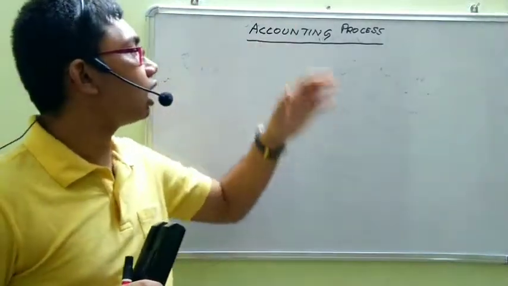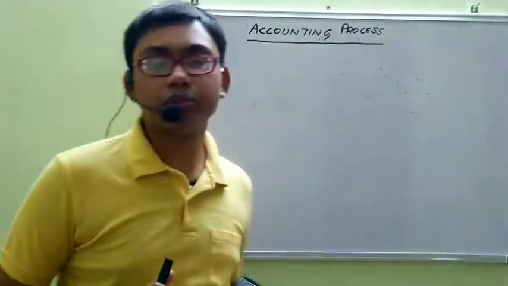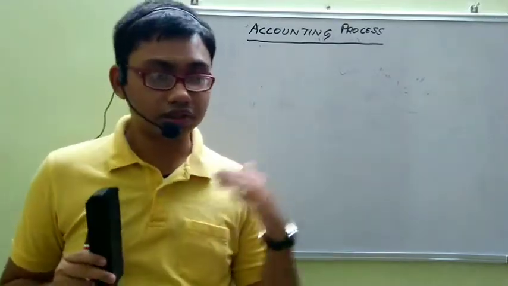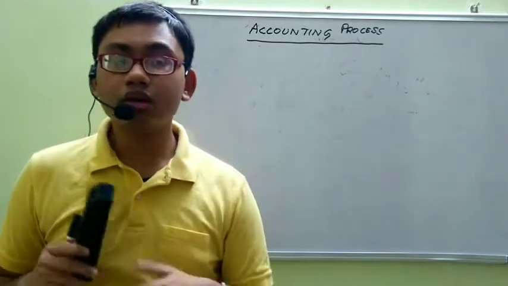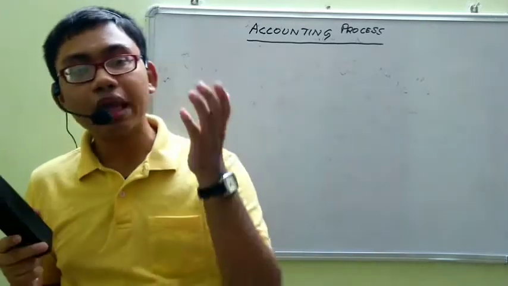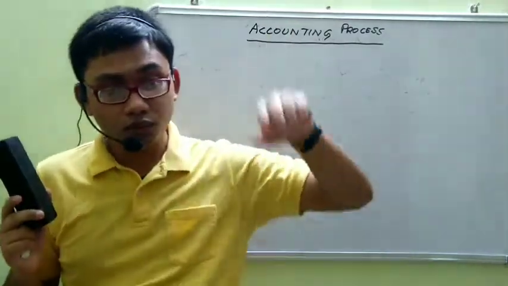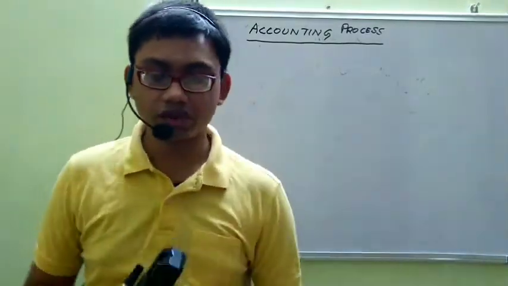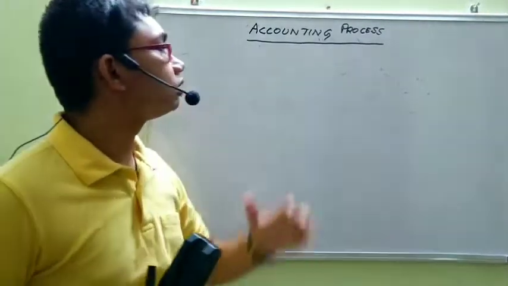Now, this is the accounting process. We have studied another process earlier in accountancy. In my series, I have covered another process, that is the business process. This is what a business entity does, and it comes under the business process. That's okay, set it aside. Guys, this is a different thing.